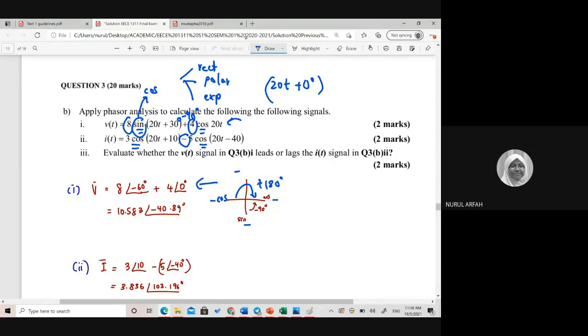So you know that this is plus 180 degree. If you use -5 directly as the amplitude, then you just get this one, and the -40 is this part. And then 3 with 10 degree is the first part.